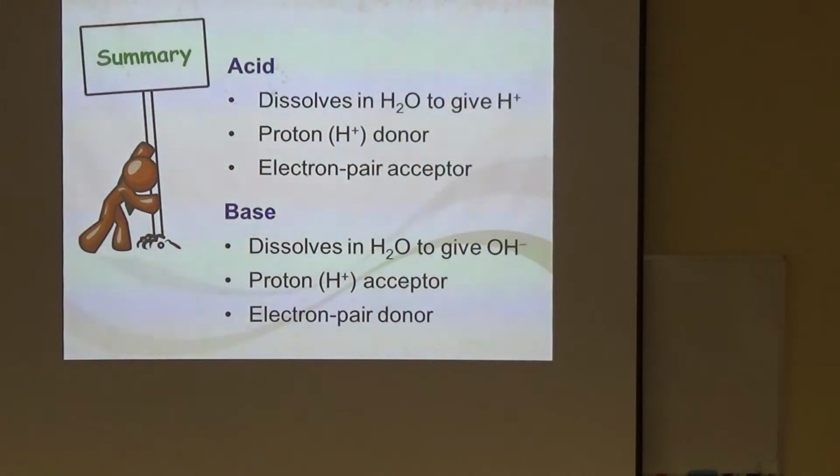For base similarly, Arrhenius theory, talking about dissolving in water to get OH minus. Bronsted-Lowry theory, you're talking about proton acceptors. And Lewis theory is talking about electron pair donors. So, the contrast between the Bronsted theory and the Lewis theory is they are defined in terms of the H plus and the electron pair, which are taken to be opposite.